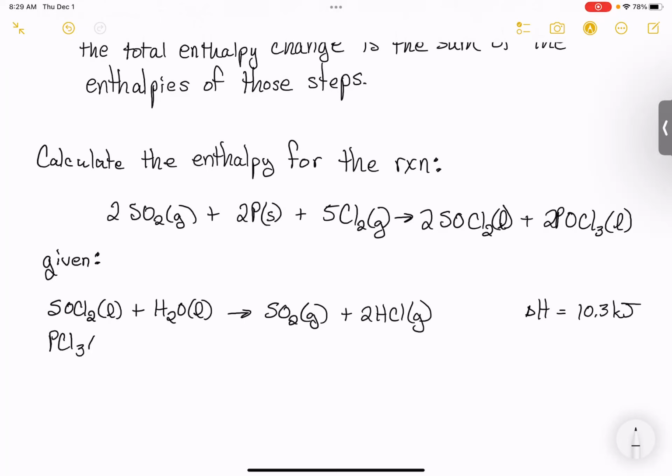PCl3 liquid plus 1/2 O2 gas goes to make POCl3 liquid, and that has an enthalpy of negative 325.7 kilojoules.